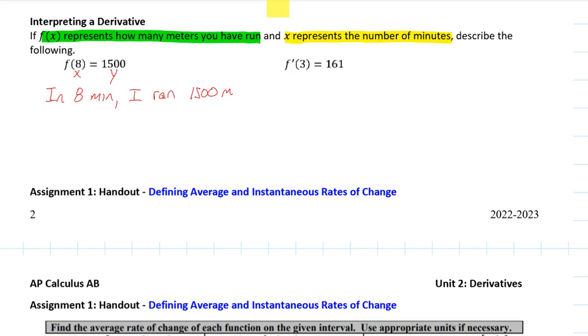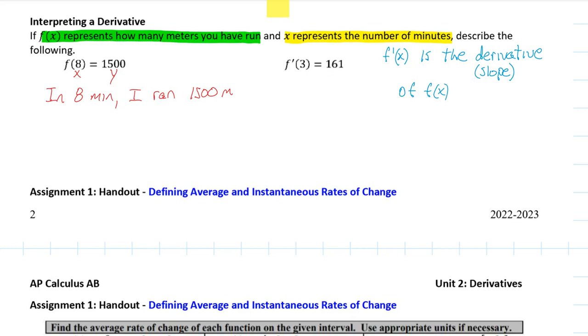Okay, so again, f prime, if it's just f prime of x or f prime of anything, we call that the derivative. The derivative, and when we say the derivative, we basically mean the slope. So f prime of x is the derivative of f of x.